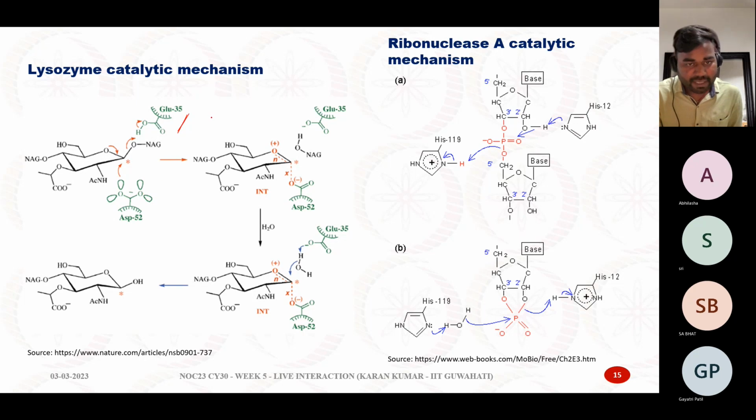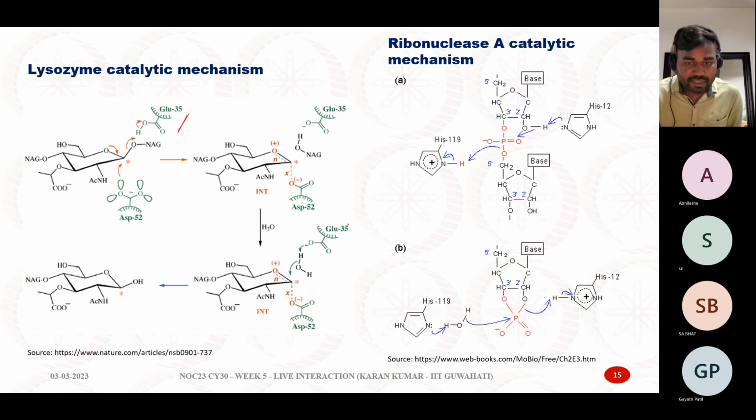If you are changing the pH to below 5, that is optimum, because at that pH aspartic acid will act as a base and glutamic acid will act as an acid, because it is donating the proton.